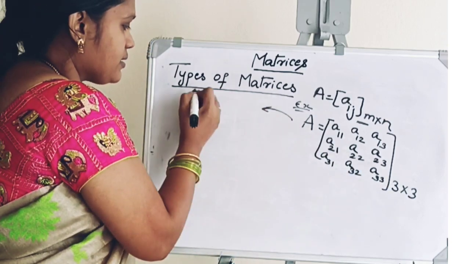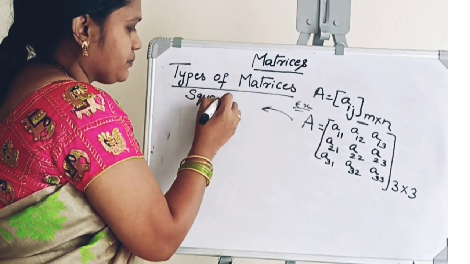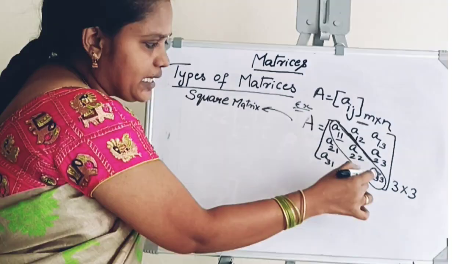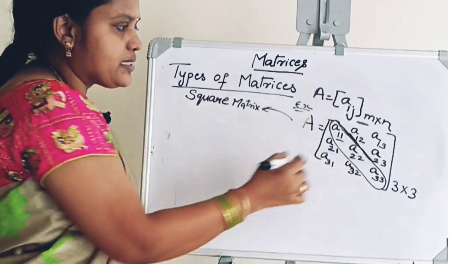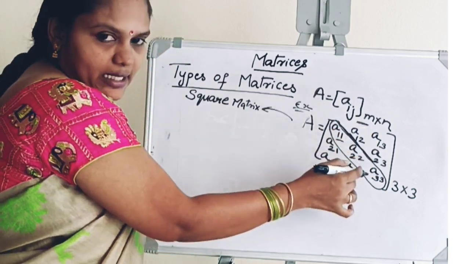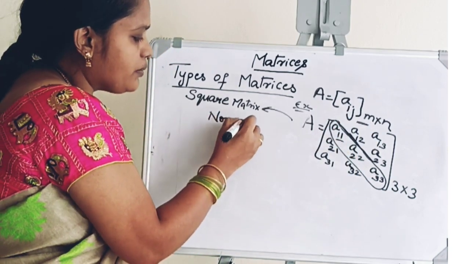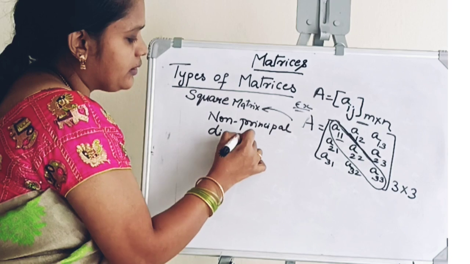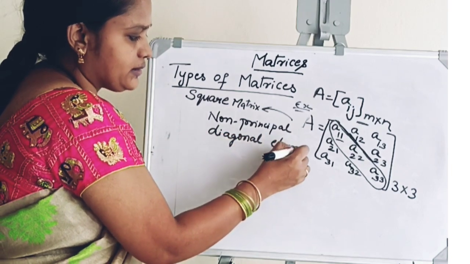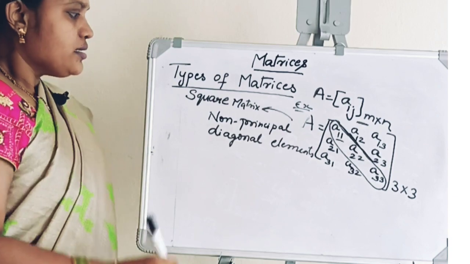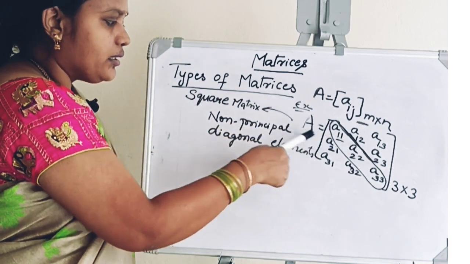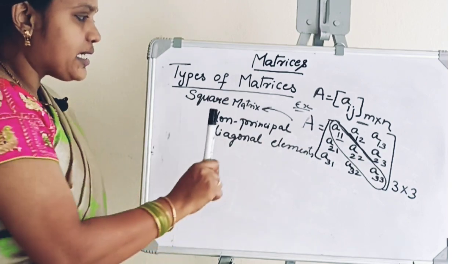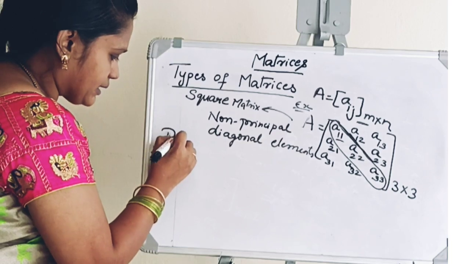So this we call it as a square matrix. Then the elements we call as principal diagonal elements. Other elements other than principal diagonal elements we call it as non-principal diagonal elements or entities, right? So in a matrix, non-principal diagonal elements are all equal to 0. Such matrix we call it as diagonal matrix.